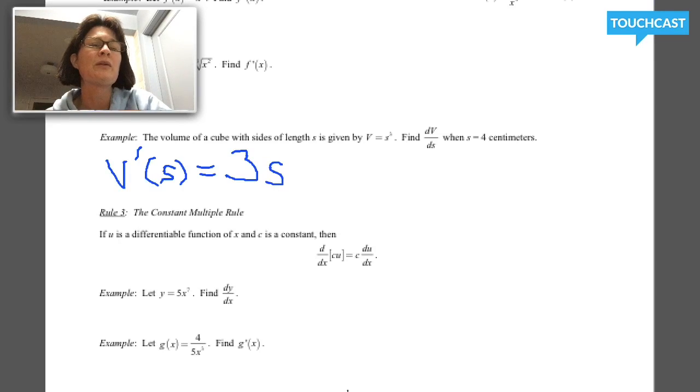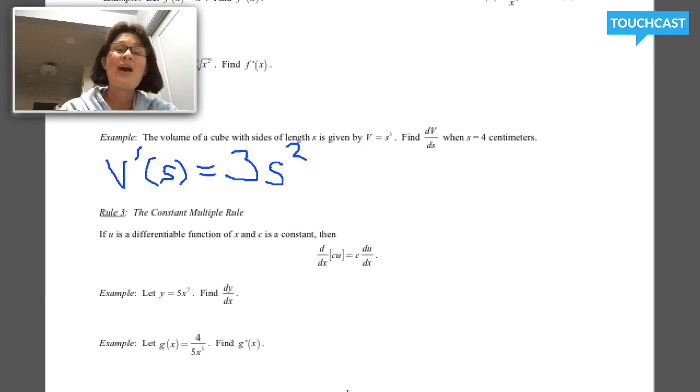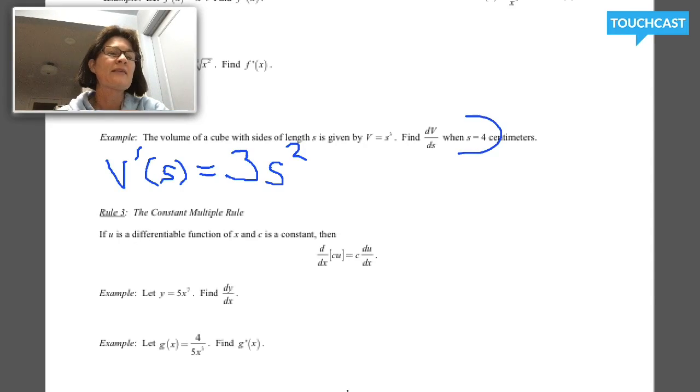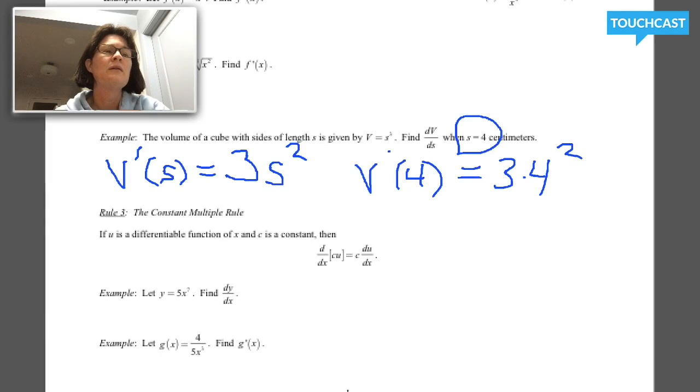My new exponent on my same variable is going to be 1 less. 1 less than 3 is 2. So I now have an expression for v prime of s. It's equal to 3s squared. This is asking me to say, what is v prime of 4? V prime of 4 is going to equal 3 times 4 squared, which is 48.